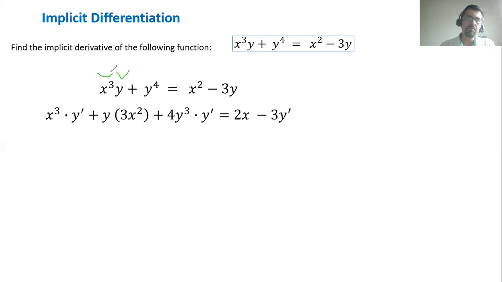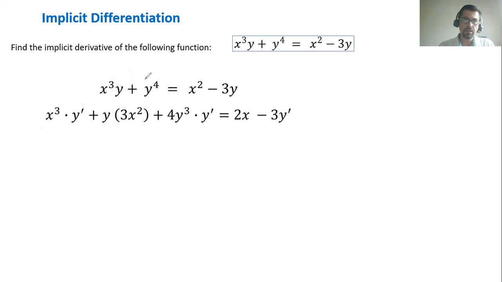If you remember the product rule, you write the first function times the derivative of the second one plus the second function times the derivative of the first one: x to the cube times the derivative of y, which is y prime, plus, because it's a product, the function y times the derivative of x to the cube, that is 3x squared. That is the first derivative.